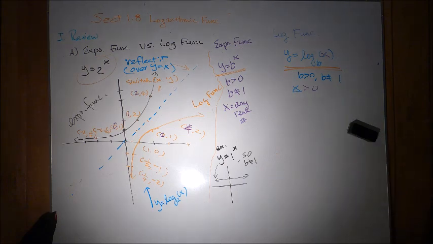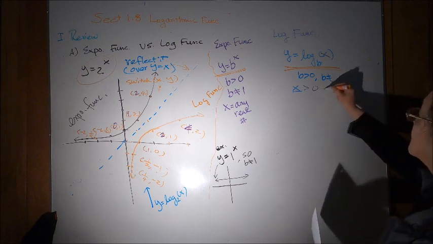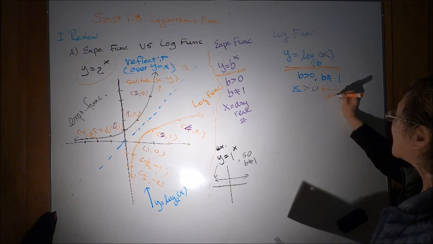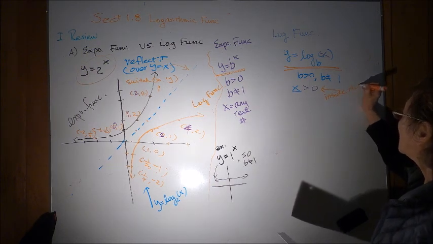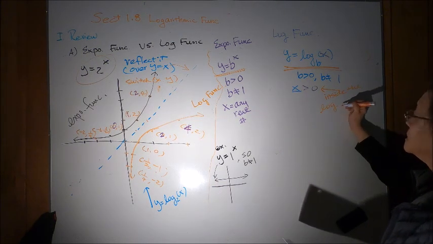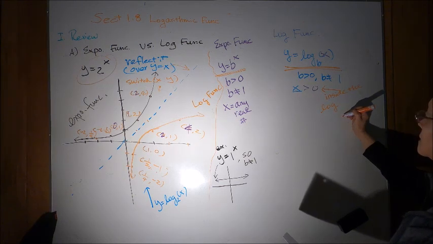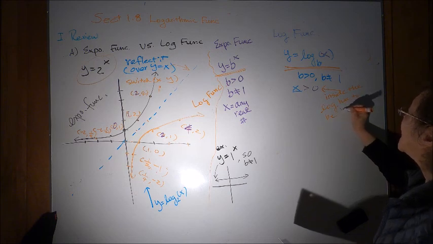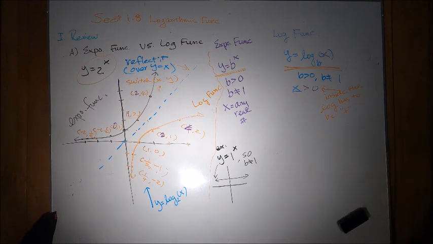So what does it tell you? This is telling you that what is inside the log has to be a positive number, bigger than 0, right?